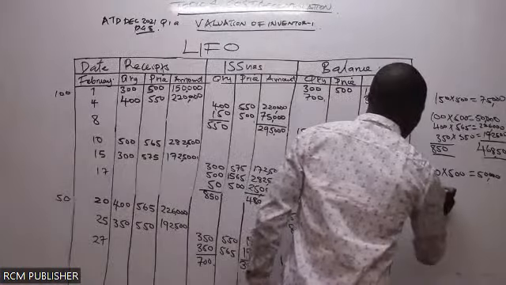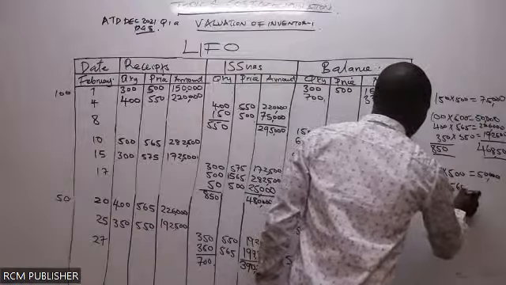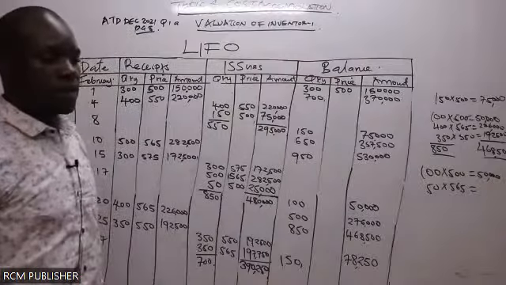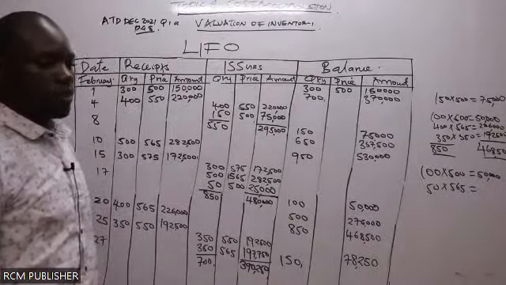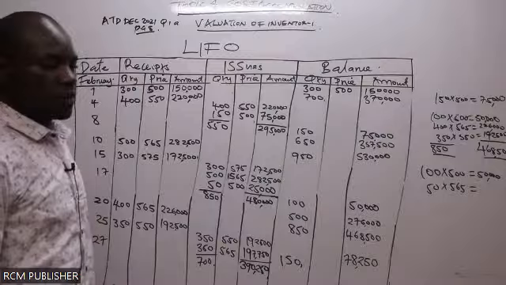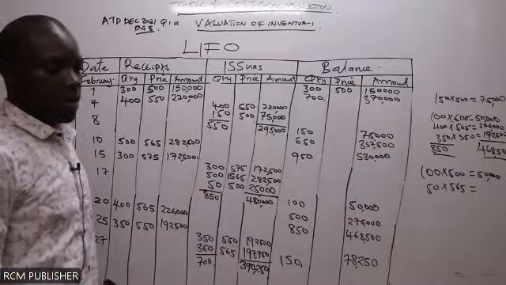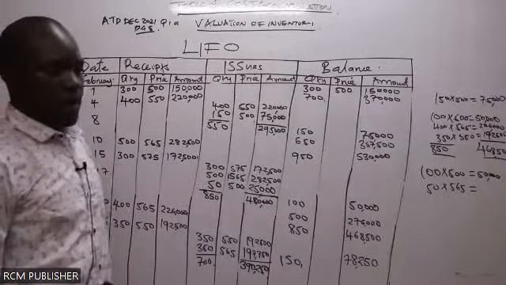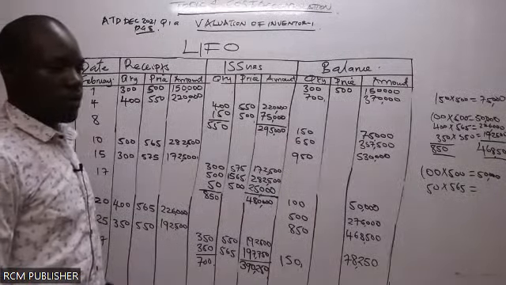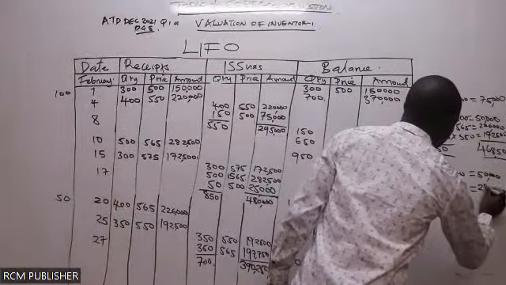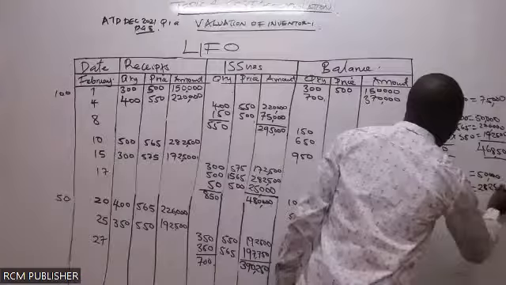So 50 by 565. What are we going to have? Is it 28 something? 28,250.